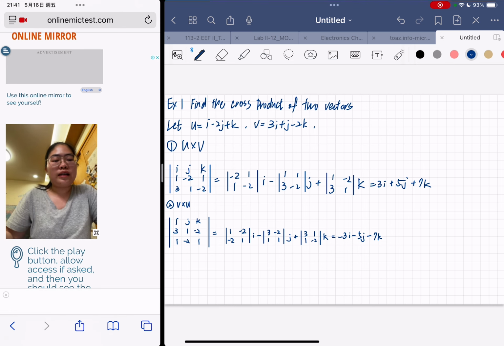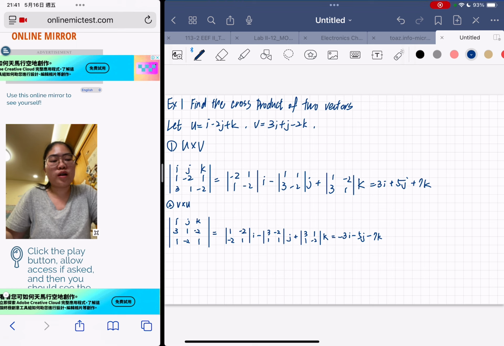And second, we're going to find V × U. Again, let's put i, j, k, 3, 1, −2, 1, −2, 1 into the determinant. It will cofactor into the determinant of (1, −2, −2, 1) times i, minus the determinant of (3, −2, 1, 1) times j, plus the determinant of (3, 1, 1, −2) times k.